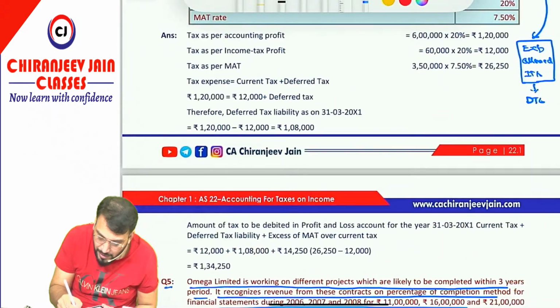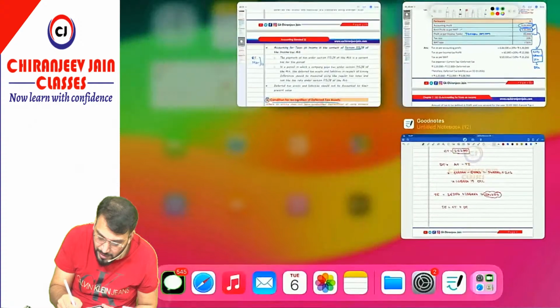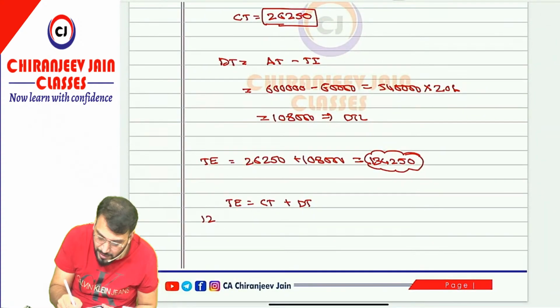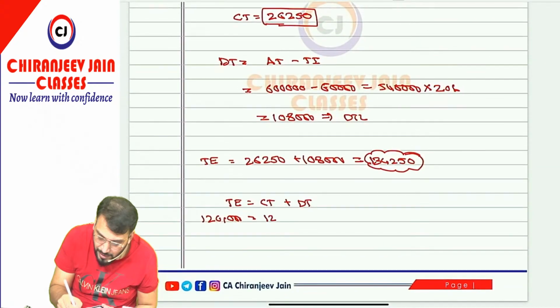If I am saying tax expense will be on 6 lakh, 6 lakh ka 20%, that will be tax expense. So this will be 1,20,000. Current tax based on regular tax, that will be 12,000, plus deferred tax. So they have calculated deferred tax this way: 1,20,000 minus 12,000, that is 1,08,000. Means I am applying the concept, they are applying one shortcut.